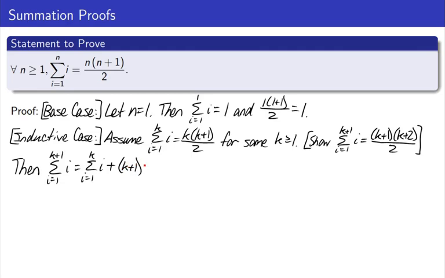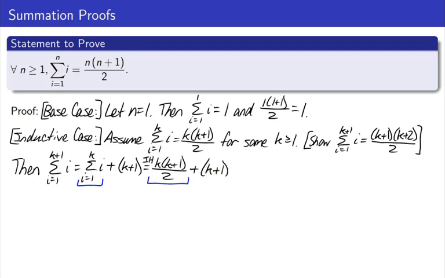Now what I'll do is use my inductive hypothesis. I know that this sum here, which by the way is the same as this sum, is equal to k times k plus 1 over 2. That is my inductive hypothesis. But I also still have this plus k plus 1 here.